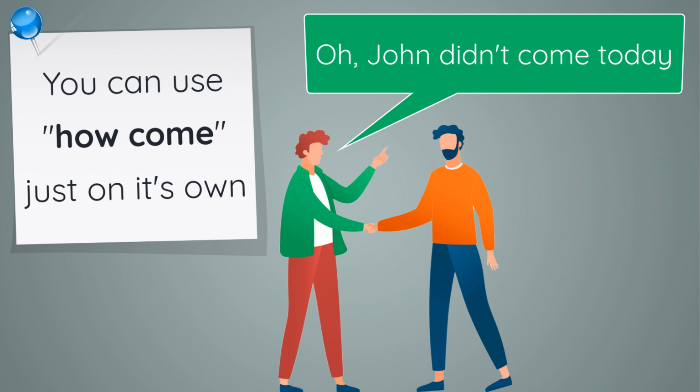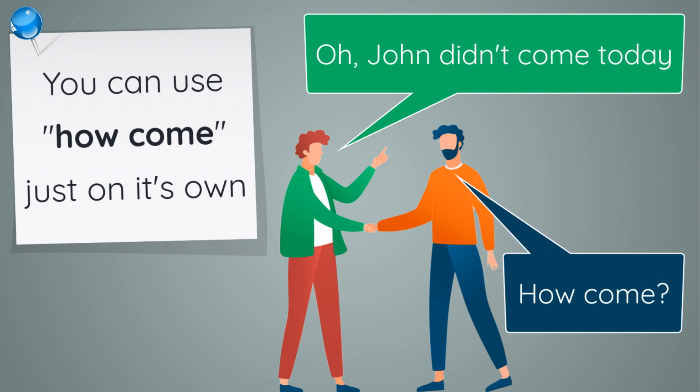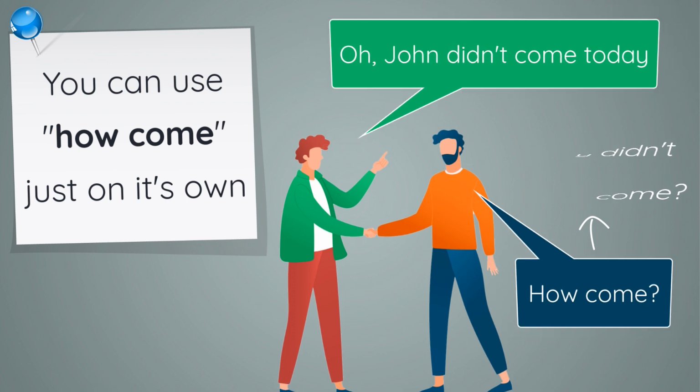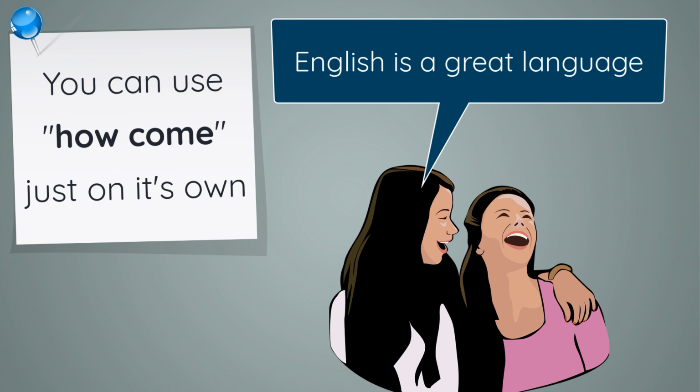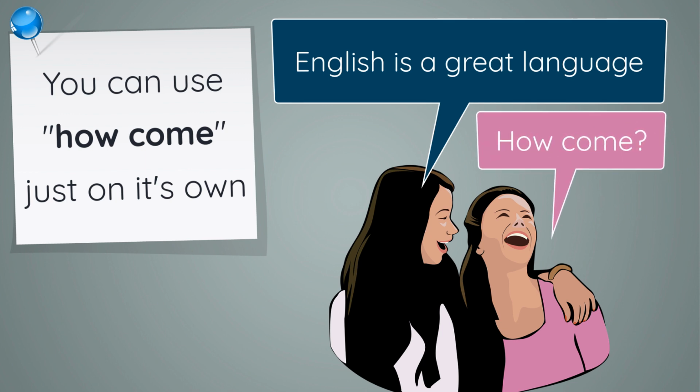You might be wondering, why didn't John come? So you can just say to me, how come? Which means, why didn't John come? Or, for example, English is a great language. How come? Again, this just means why.